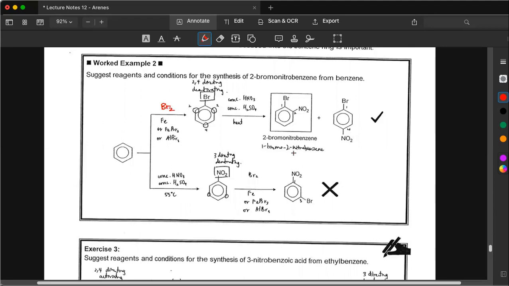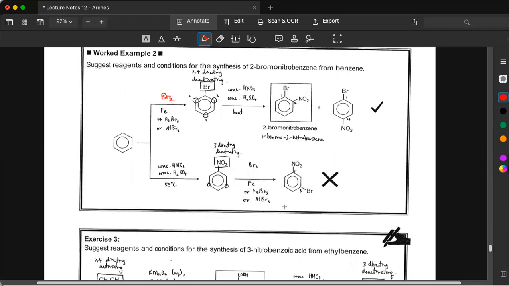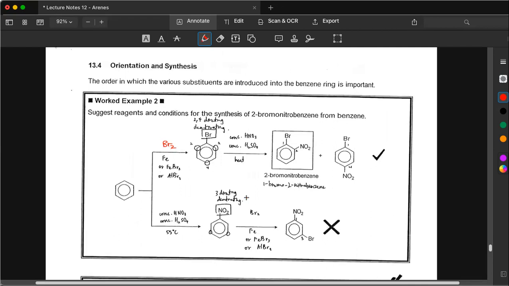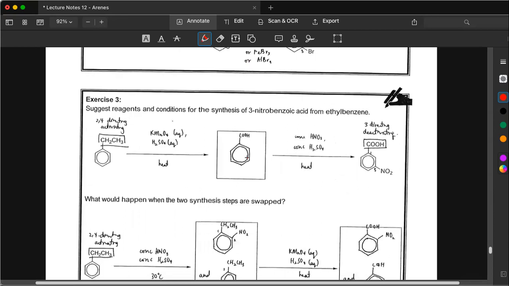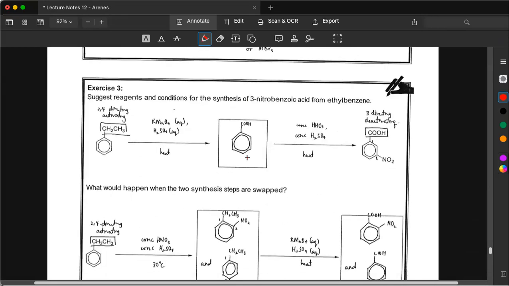This is wrong, because the answer is asking for 2-bromonitrobenzene. This is not 2-bromonitrobenzene. So it's important to know the order. Is it Br2 first or nitration first? Halogenation first or nitration first?